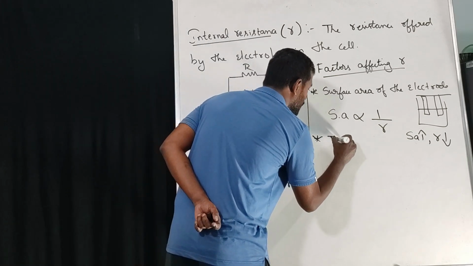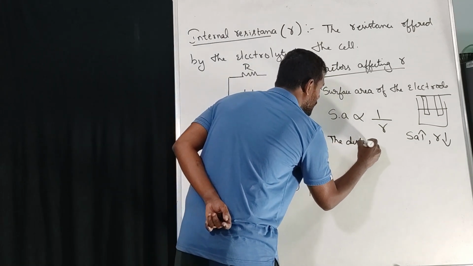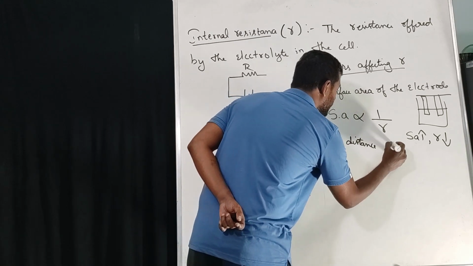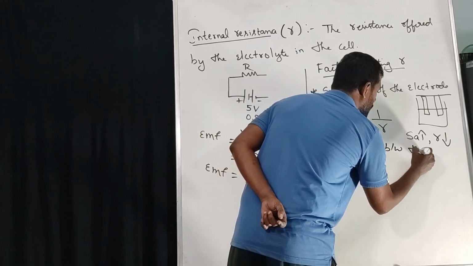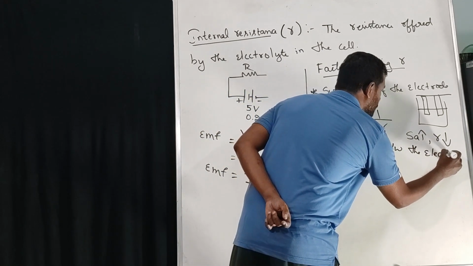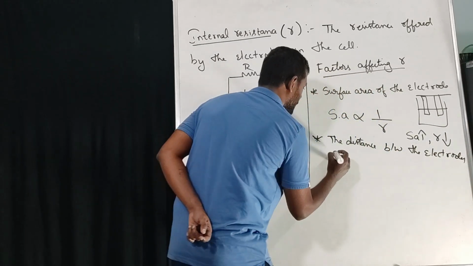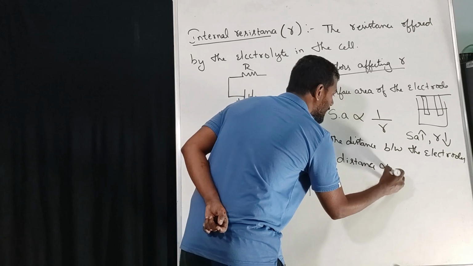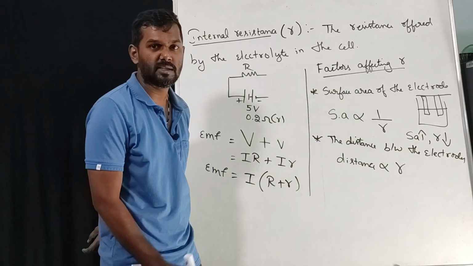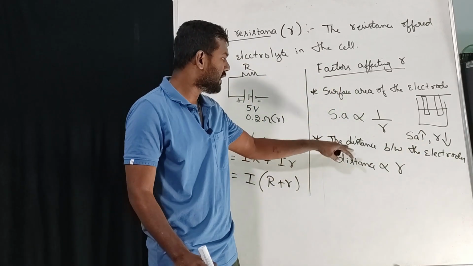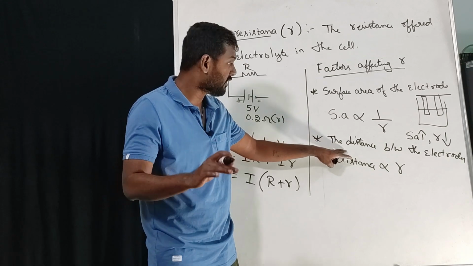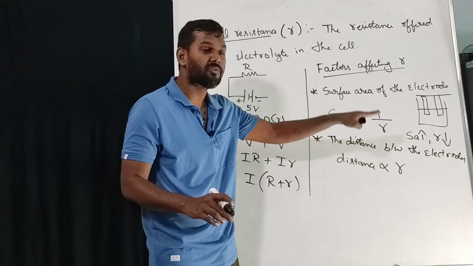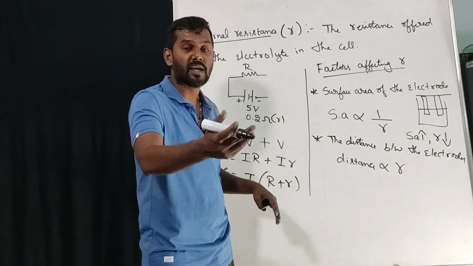Then the next point will be the distance between the electrodes. The distance between the electrodes is directly proportional to R. The factor affecting internal resistance is the distance between the electrodes.